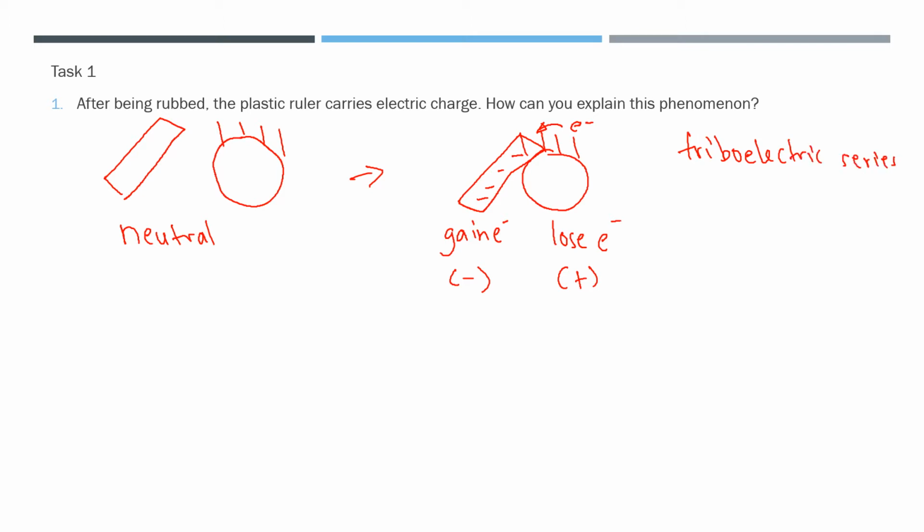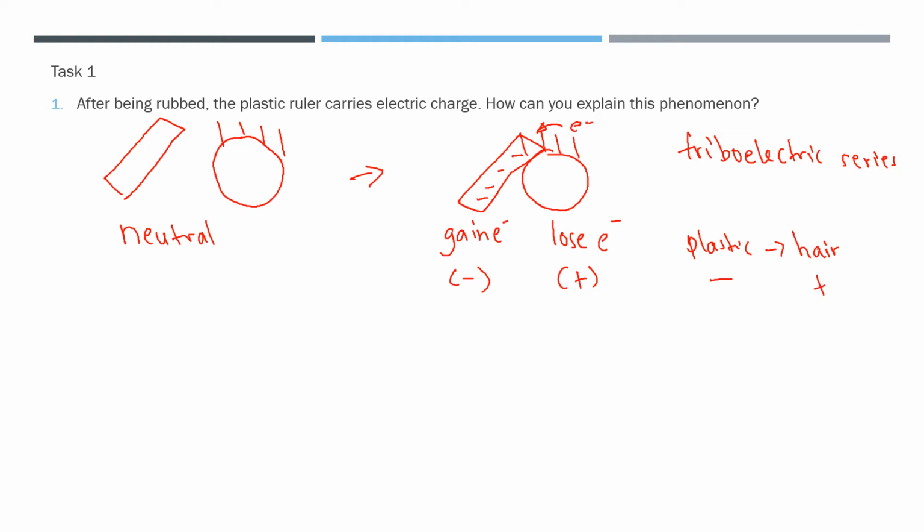If you want to know more about this, you can search on Google. Basically, the triboelectric series tells us that not all substances produce the identical charge. Some of them produce positively charged objects, some of them produce negatively charged objects. For example, if plastic is rubbed with the hair, then the plastic is negatively charged and the hair is positive.